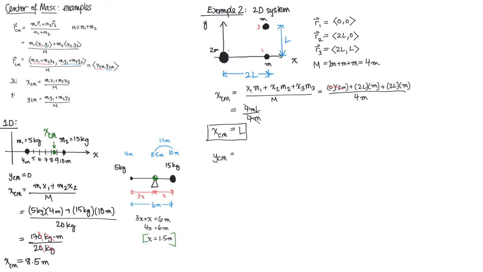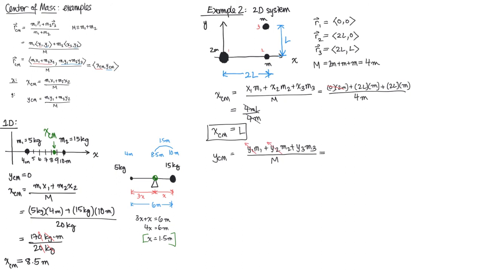The y center of mass is y1 times m1, plus y2 times m2, plus y3 times m3, divided by the total mass. But notice that two of our masses are at y equals 0. So that simplifies things. y1 is 0 and y2 is 0.